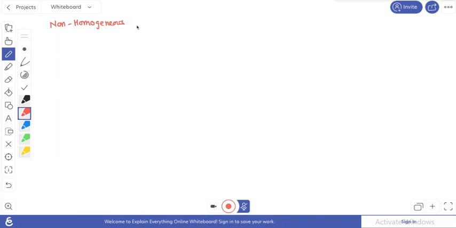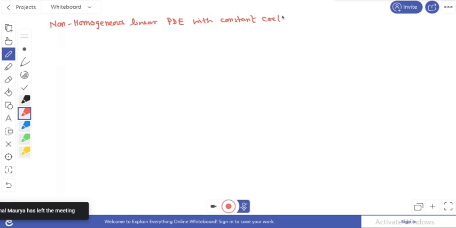Non-homogeneous linear partial differential equation with constant coefficients.